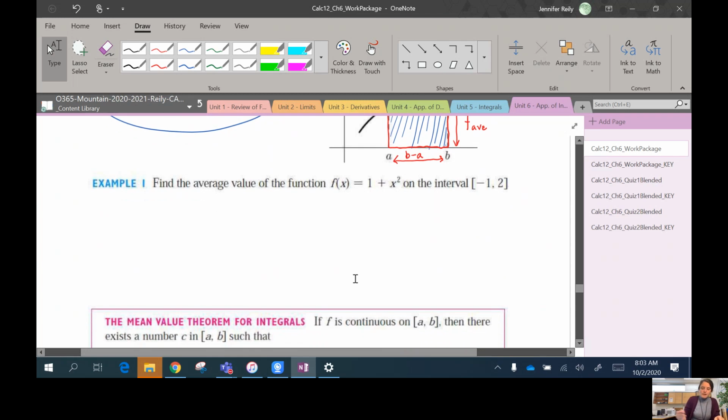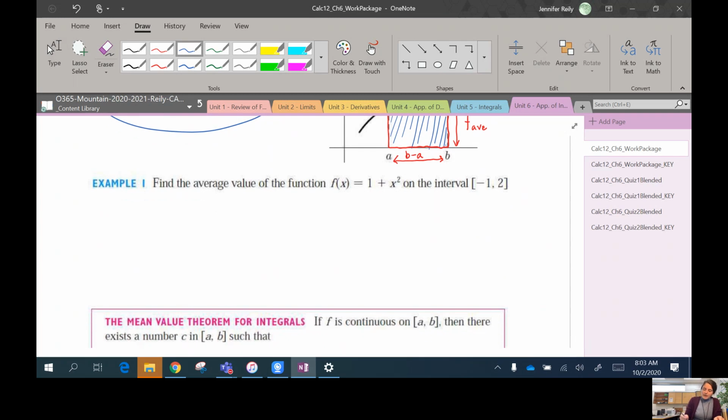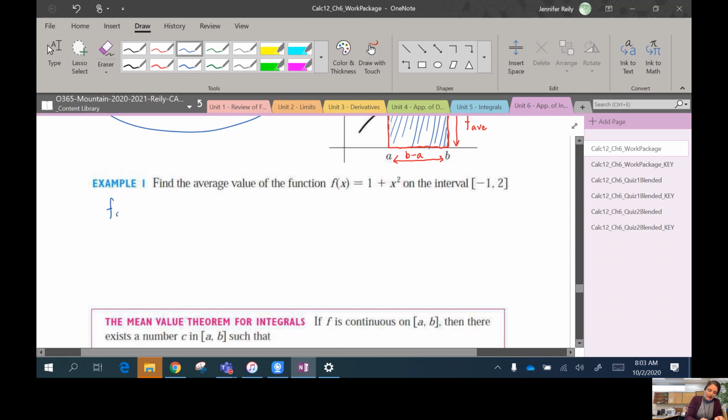Okay, so here's our function f of x. So the formula for f average is 1 over b minus a times the integral from a to b of f of x dx. So for us, our interval is from -1 to 2.